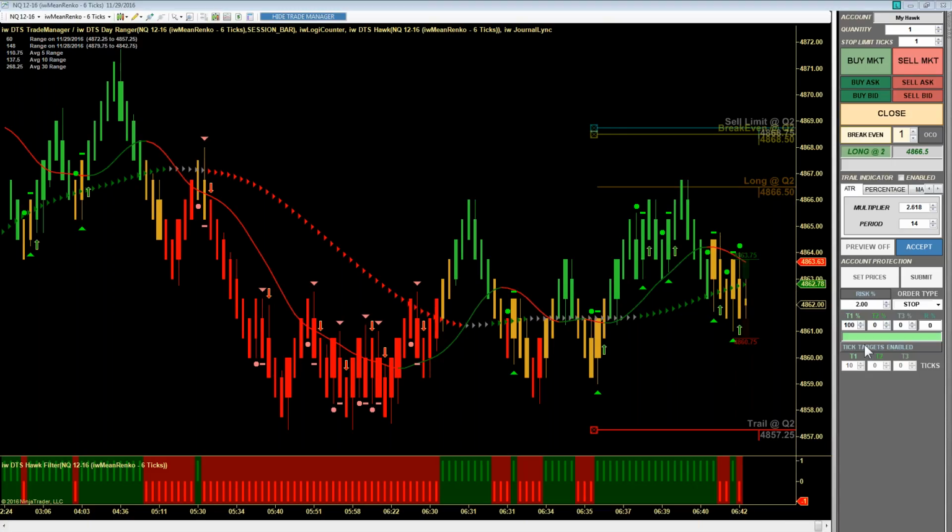We're back into yellow bars, so that kind of suggests a sideways moving market.